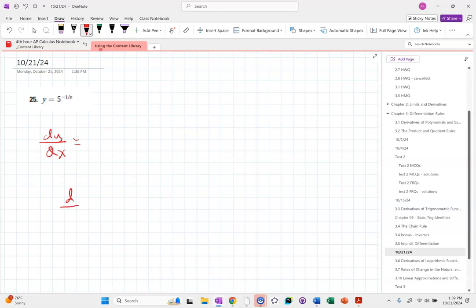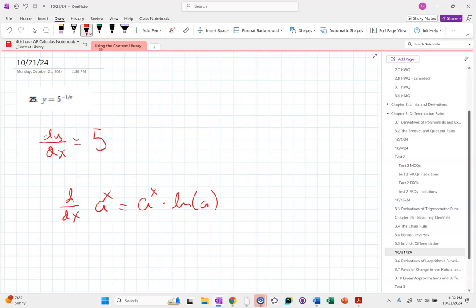So do you remember the derivative rule for things of the form a to the x? Okay, it's a to the x times the natural log of a. So if it's e to the x, it's e to the x times the natural log of e, and the natural log of e is just 1, so the derivative of e to the x is e to the x.